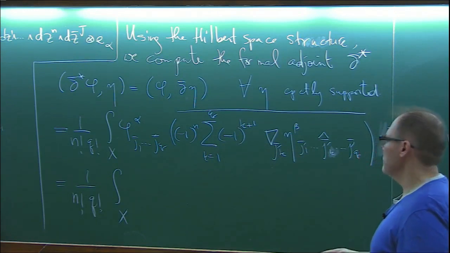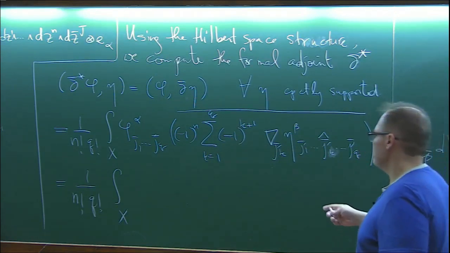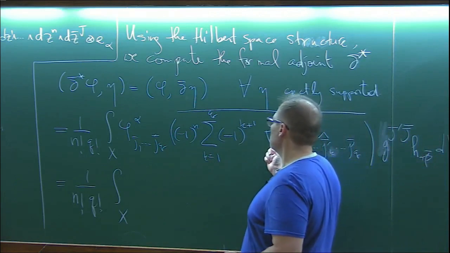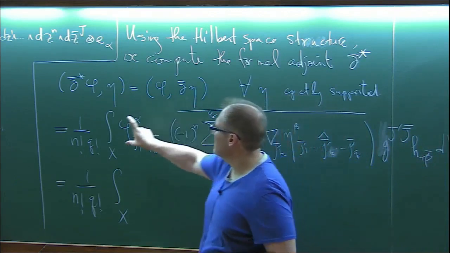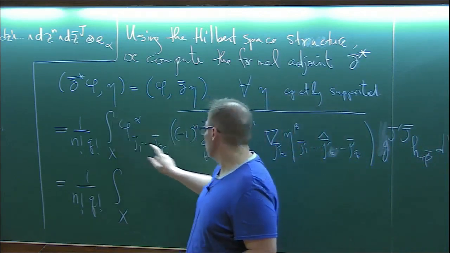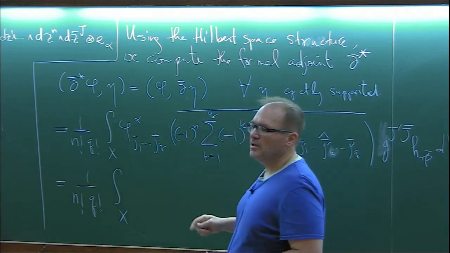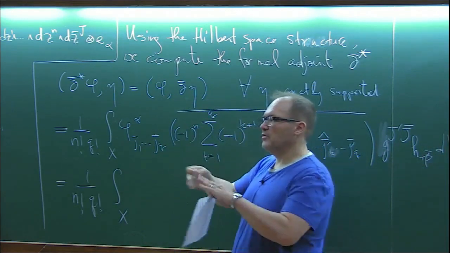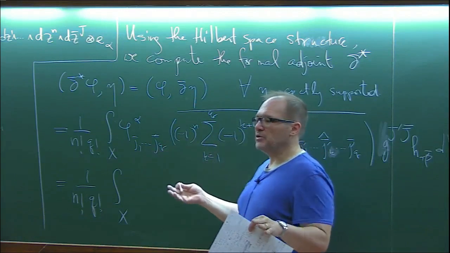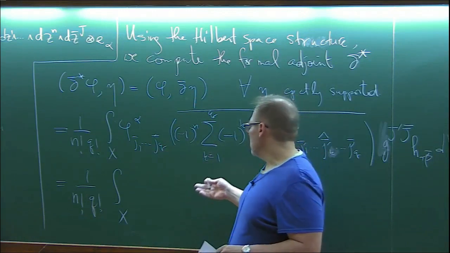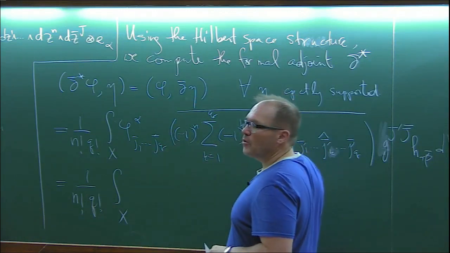Because if you take this quantity and you add to it when the connection is here but without the complex conjugate, then you get the exterior derivative of some expression. That's metric compatibility. But you have these compactly supported forms, eta.